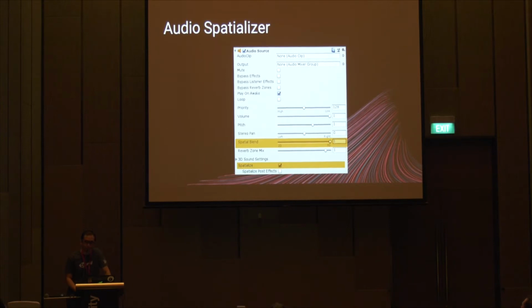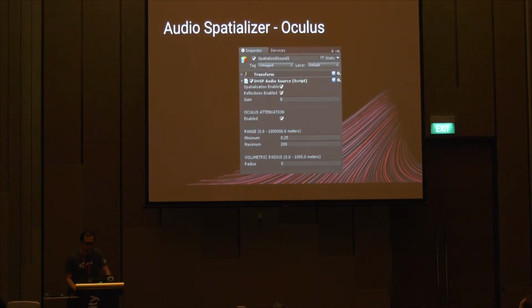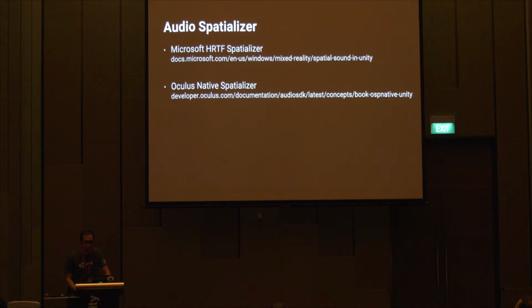If you use the Oculus spatializer, Oculus recommends using their helper script for this. You can find out more about these two spatializers from these two links here. With spatialized audio, you can add more immersiveness to your game or your application, and it's especially useful for VR applications.